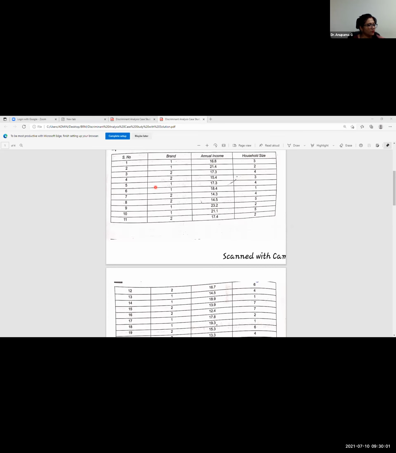And local brand, what coding is given? Third thing, annual income, what type of scale? Next, family size, what kind of scale? All right. Mention that in the chat box.